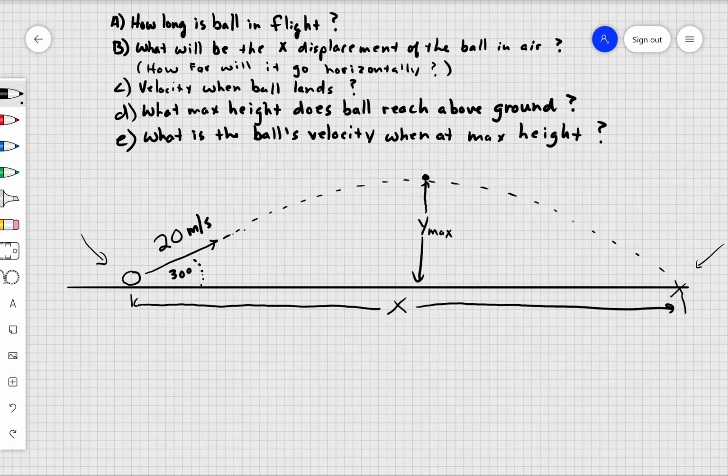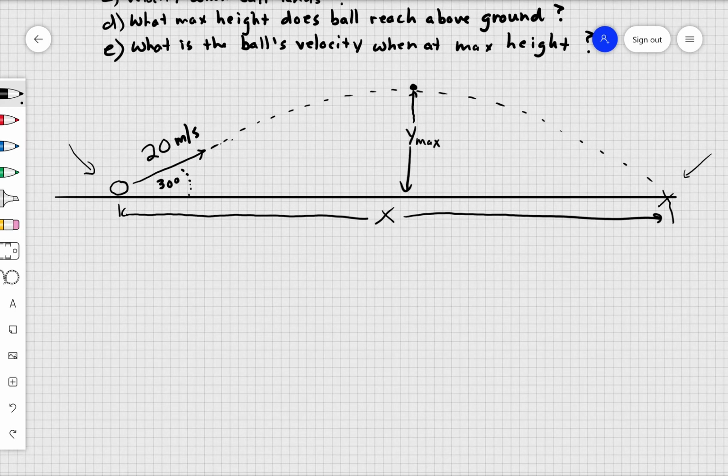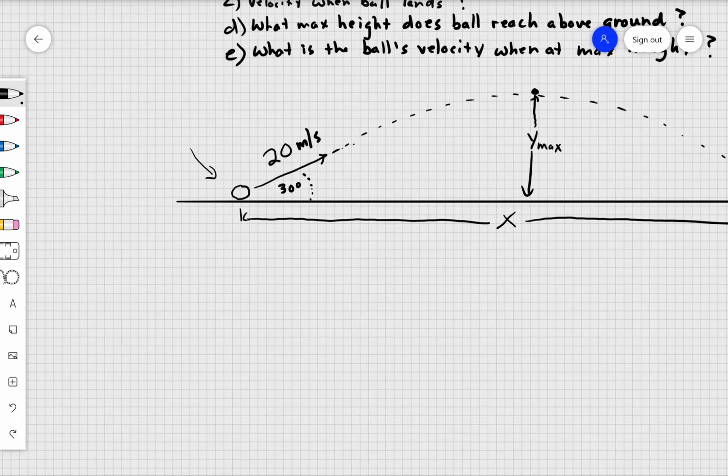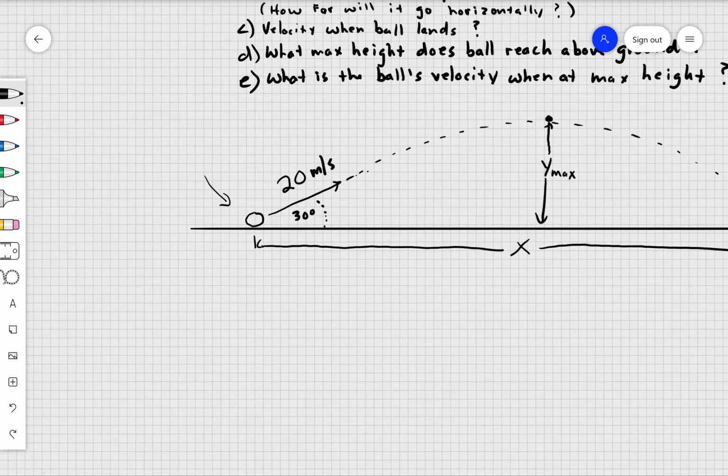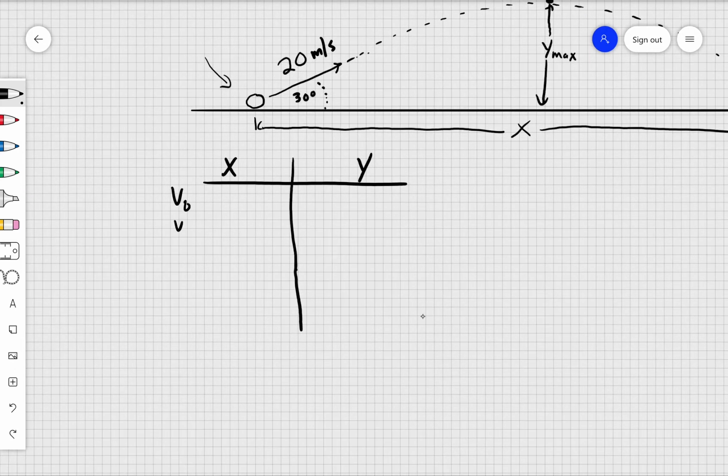So x velocity and y velocity, x dimension and y dimension. Let's separate these into x and y dimensions, with v naught, v, a, t, and x, and v naught, v, a, t, and y, our 5 variables.